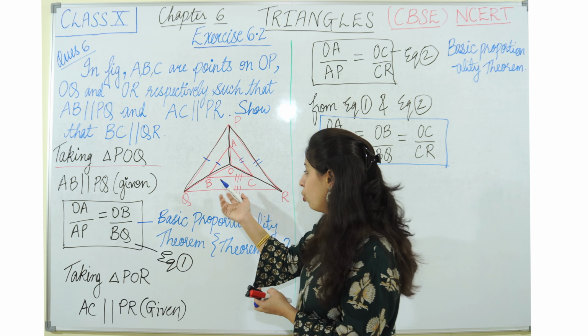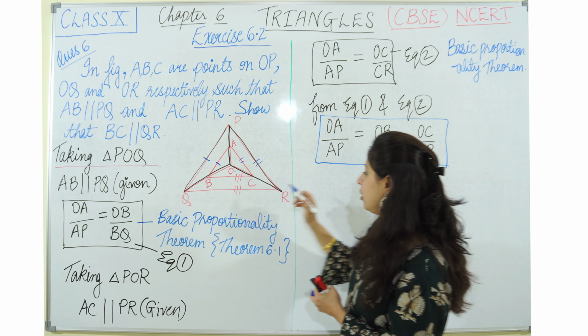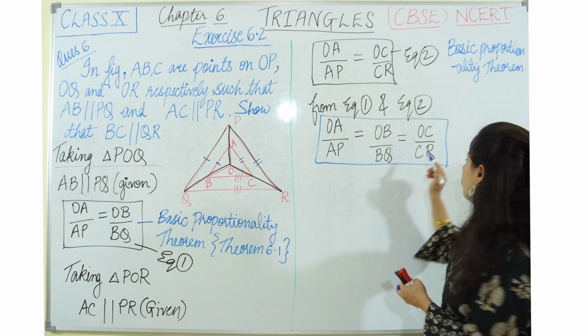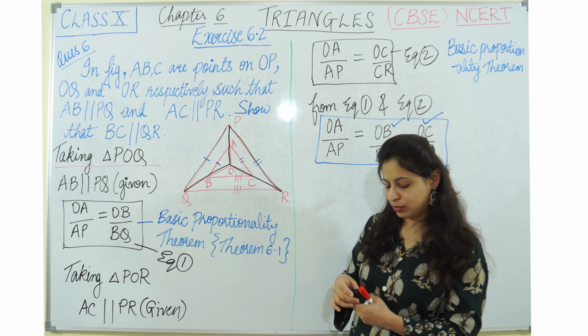So we are getting one result here: if we take OB upon BQ is equal to OC upon CR, we easily get the result.